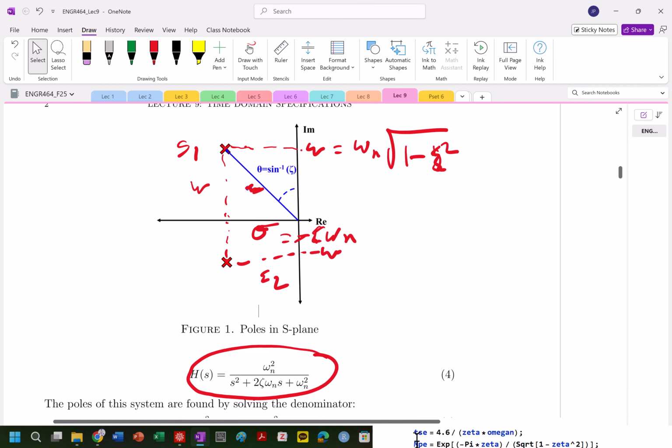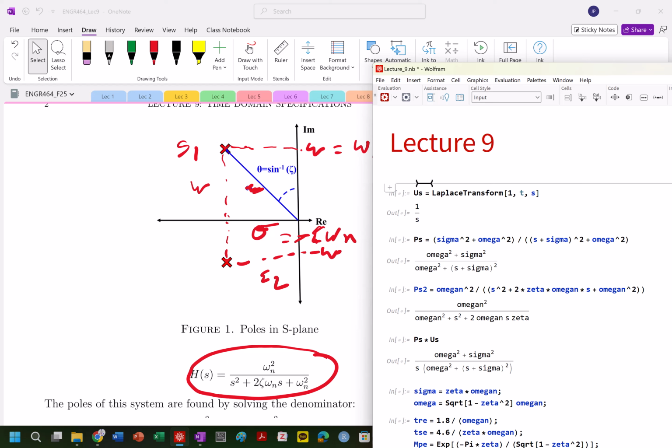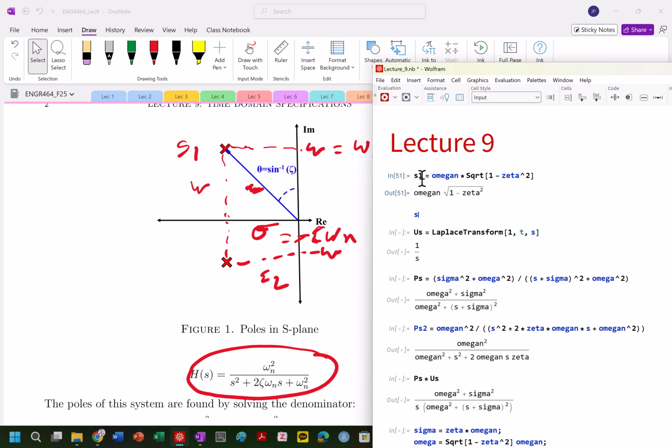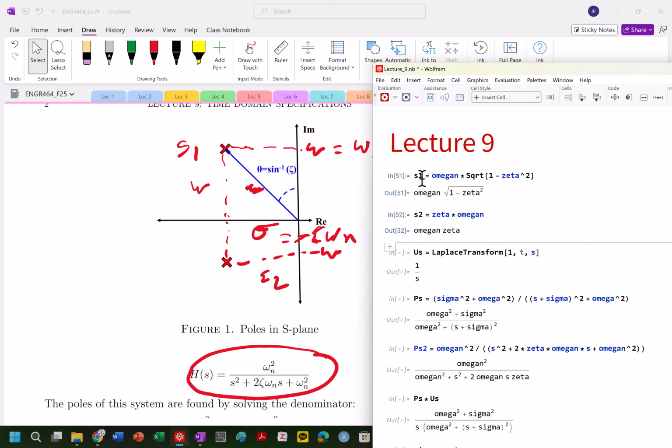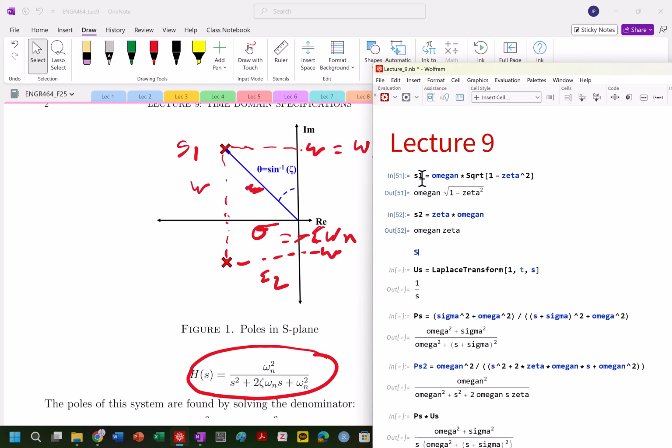My side 1 distance is omega n times the square root of 1 minus zeta squared. S2 equals zeta times omega n. So we know that our hypotenuse must be the square root of S1 squared plus S2 squared.